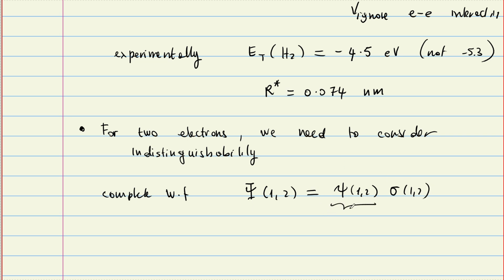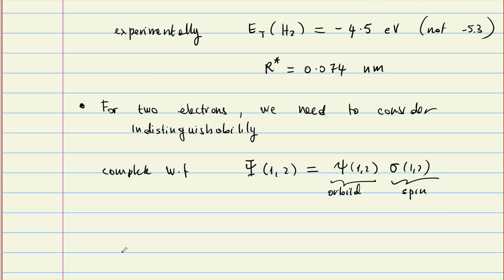This one, let me call it orbital, and this one is spin. We have two options. Orbital can be symmetric, then the spin part should be anti-symmetric because the total wave function has to be anti-symmetric. Or orbital can be anti-symmetric, then the spin part has to be symmetric so that total uppercase psi is anti-symmetric.